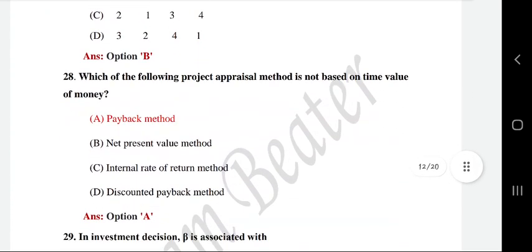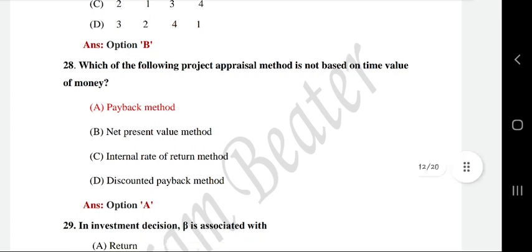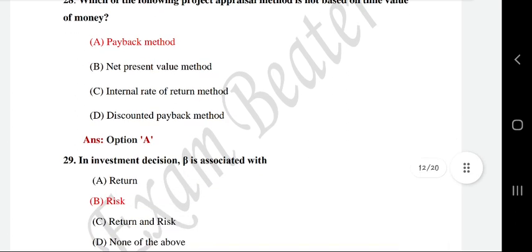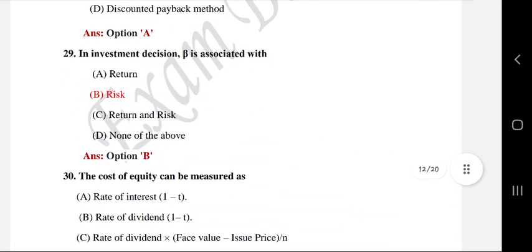Next 28. Which of the following project appraisal methods is not based on time value of money? Answer is option A, payback method. Then 29th, in investment decision, beta is associated with, B is the answer, that is risk.